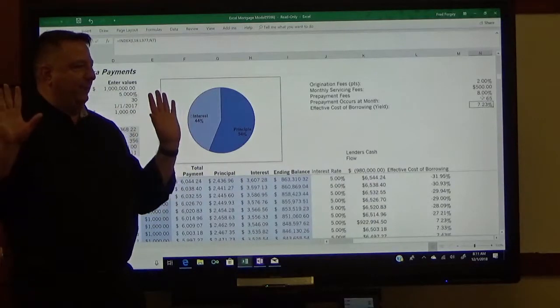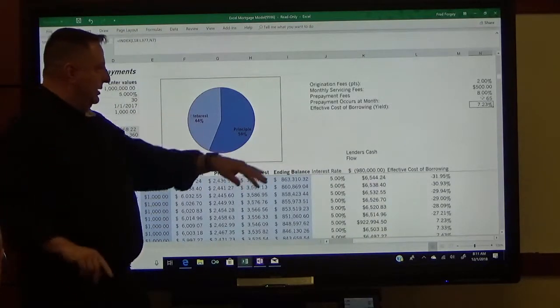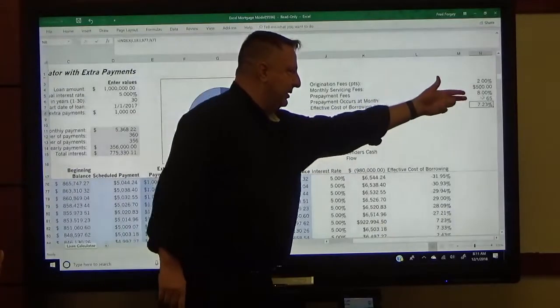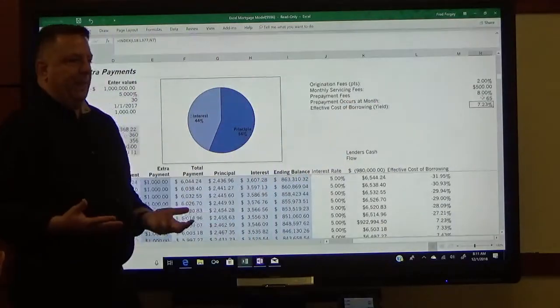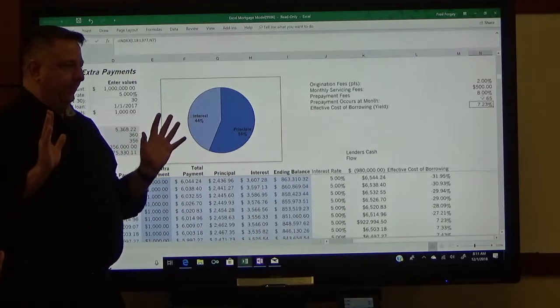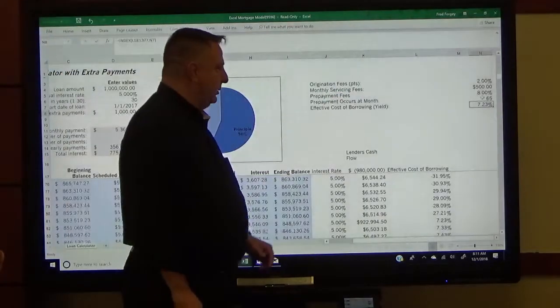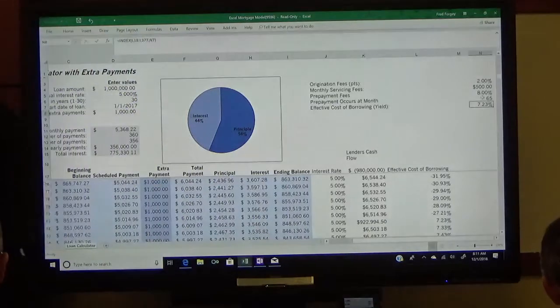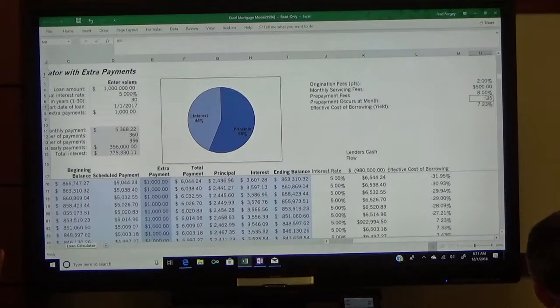That's all that function is doing, because it knows that in the 60th, or in this case the 65th month, that's when the prepayment is occurring, okay? Everybody make sense? Everybody cool with that? All right, so this is pretty straightforward. Now, any questions on this one?